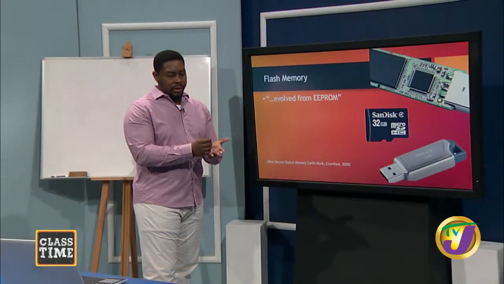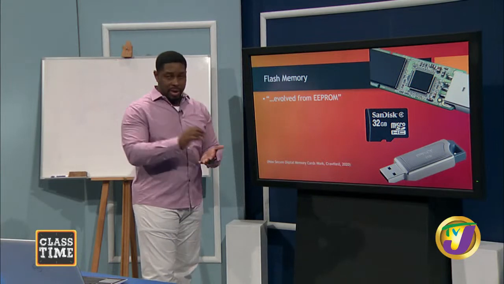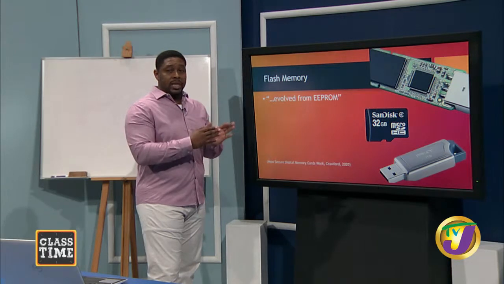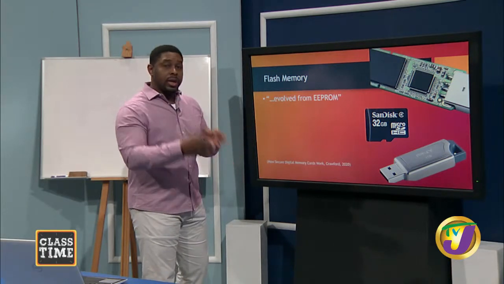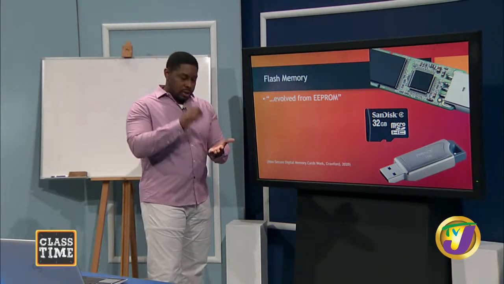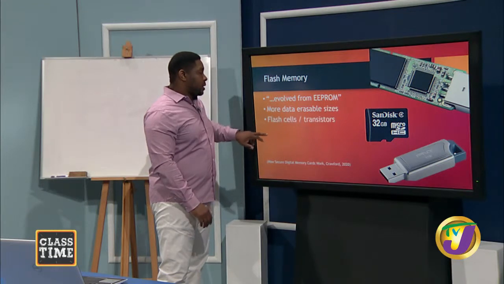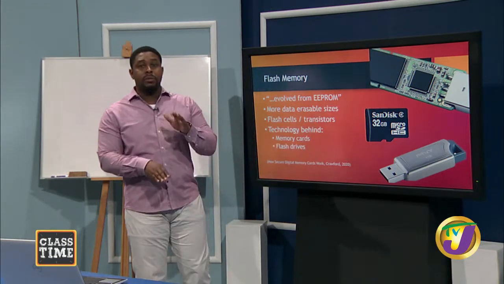With EEPROM, you can change small amounts, and that's the difference between EEPROM and flash: with flash memory, you can change quite a considerable amount of data. And so that was used now for phones. And of course, it is resident on the board. So we have more erasable data, and the technology behind flash drives and memory cards.